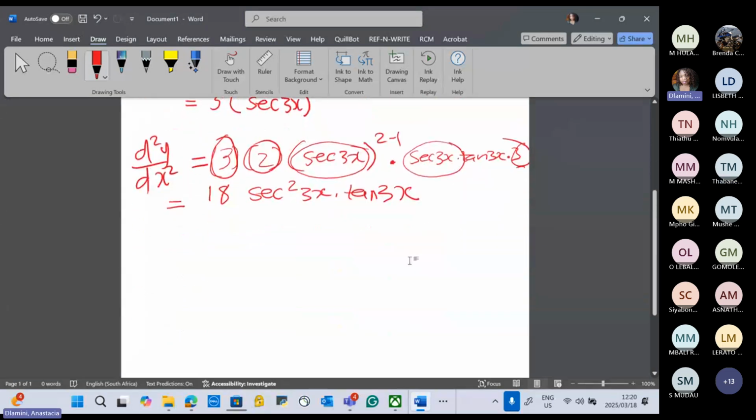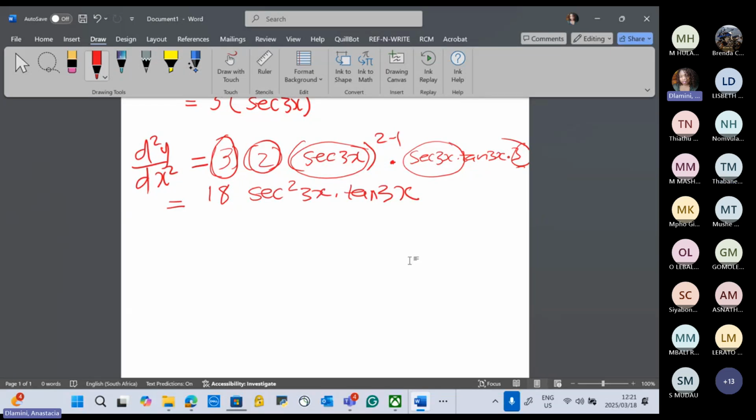Okay, how do we differentiate this one? There are two ways of doing it. There's a hard way or an easy way. Give me the hard way or the easy way. What do we do in this case? Someone talk to me, please. You can use product rule.